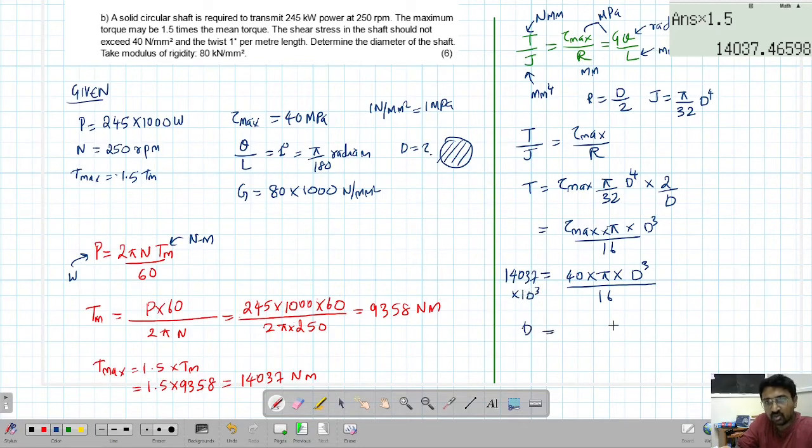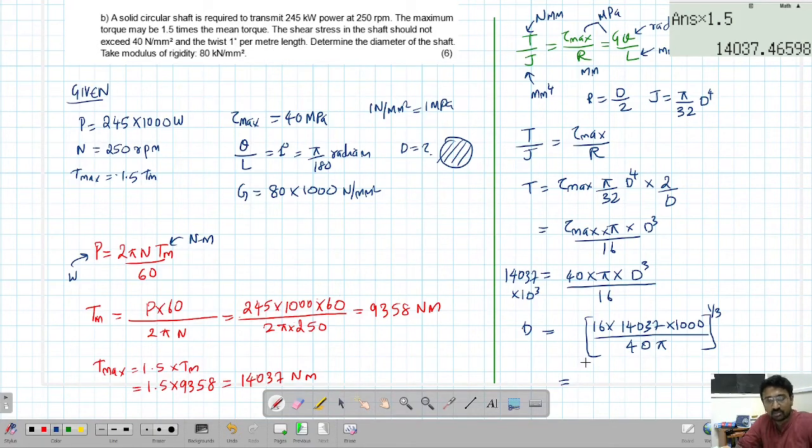So my D equal to 16 into 14037 into 1000, because this is Newton meter, I am converting to Newton millimeter, divided by 40 pi raised to 1 by 3. Right? So 16 into 14037 into 10 to the power 3 divided by 40 pi.